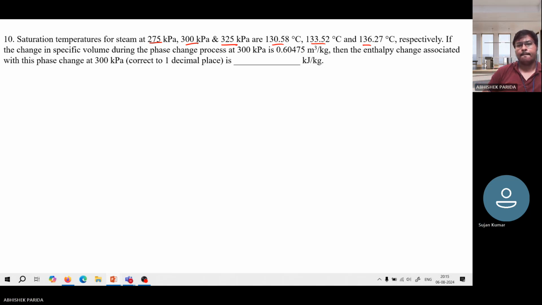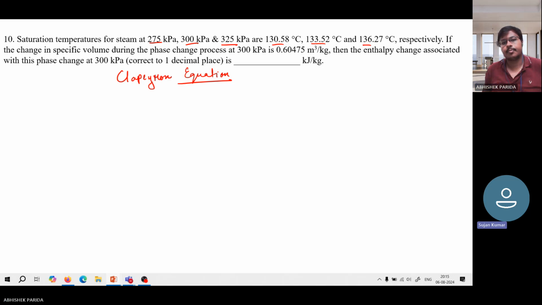If you are using the Clapeyron equation, ∂P/∂T at the saturation point is equal to the enthalpy change divided by T_sat into the change in specific volume. Here, ∂P/∂T I have taken between state 1 and state 3. To find the enthalpy change, we need T saturation at state 2, so I have taken 133.52 plus 273.